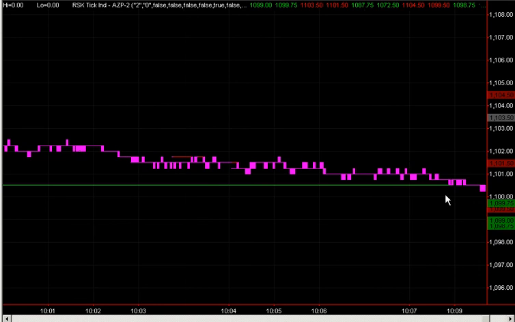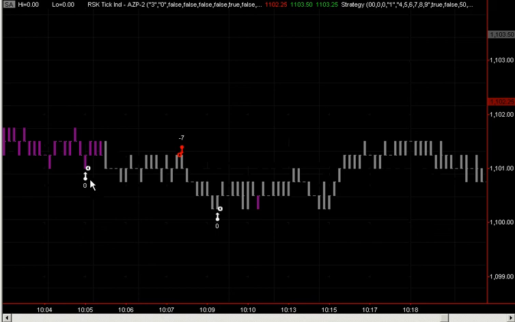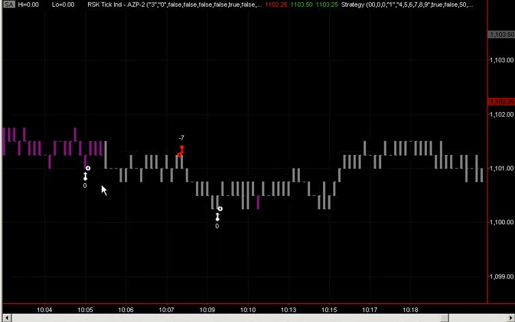There's the gap fill. So that could certainly have served as a profit target. Nice, at least 3.5 points for that trade. And as it turns out, we took a little bit off the table at 10:05, got right back in at 10:07, and then finally pulled all of our contracts at that gap fill.